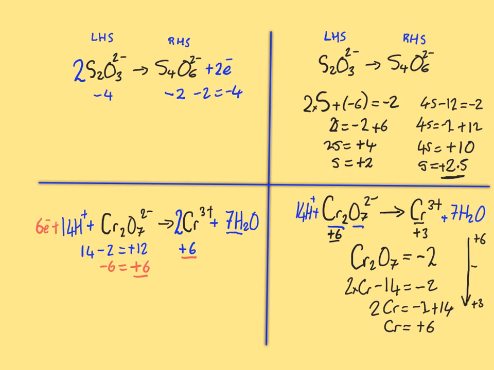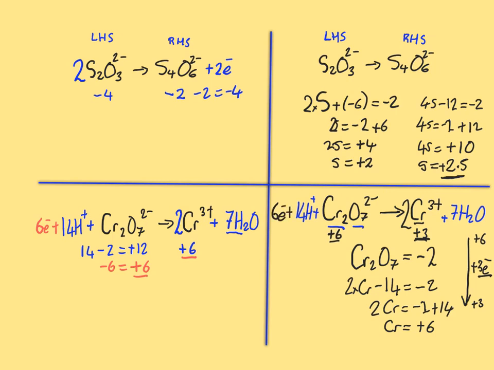It has taken 3 electrons. However, since there are 2 lots of chromiums on this side, we need to double that, and 2 times 3 electrons, because we've reduced 2 chromium atoms, is 6 electrons.